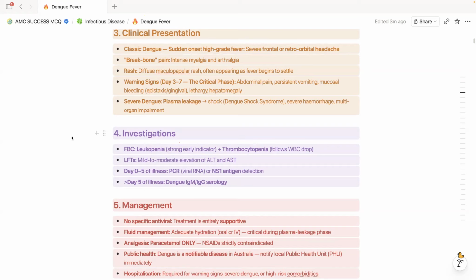From the starting day to day 5 of the illness, we will do PCR or NS1 antigen detection. From over day 5, we will do dengue immunoglobulin M and immunoglobulin G serology. So this means less than day 5, we do PCR. More than day 5, we do serology.